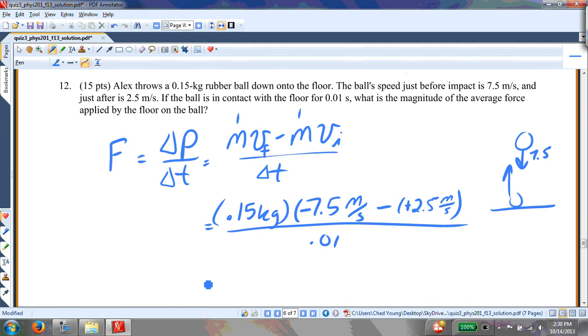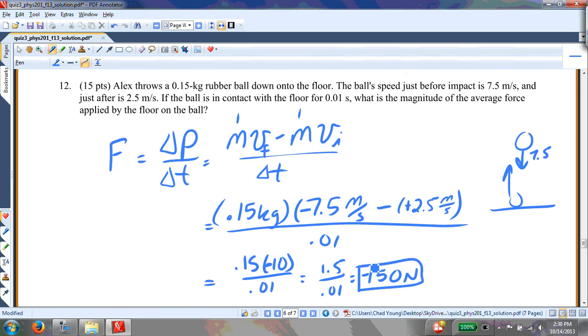And so that gives me a force of 0.15 times negative 10 over 0.01. It's 1.5 over 0.01, which is negative 150 newtons. I'm just asking for the magnitude, so I'm just looking for 150 newtons. But why does it come out negative?